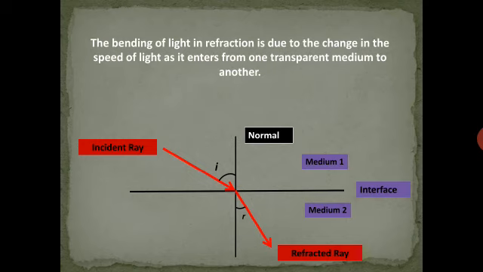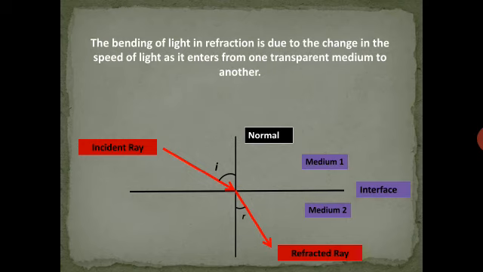Now the question is, why does this ray bend? The reason is that light bends when traveling from one medium into another because of the change in the optical density. We know that when we compare the density of water and air, they have different values.